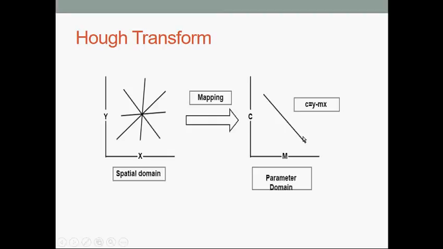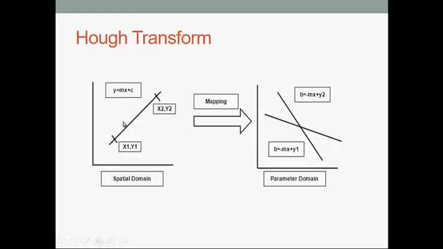Based on this idea, if I reverse the role of the spatial and parameter domain like this, here I'm considering this straight line with only 2 points, just for the sake of assumption. These are the 2 points, x1, y1 and x2, y2.